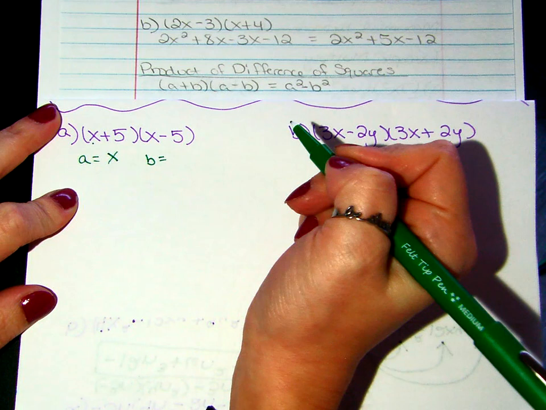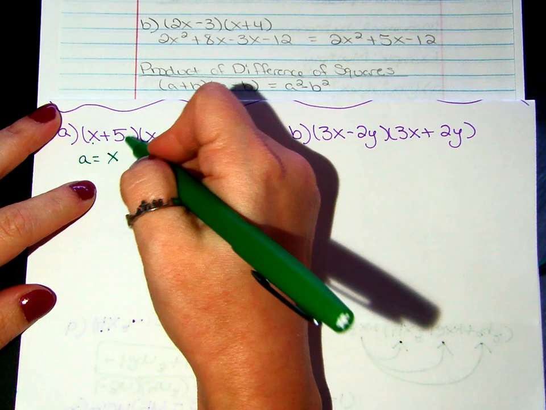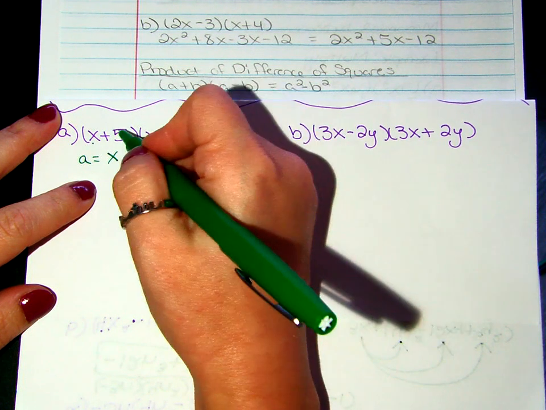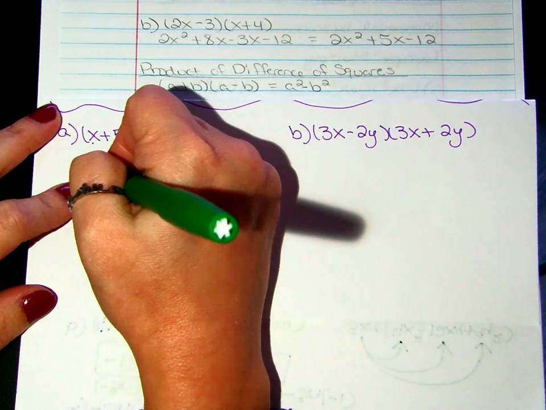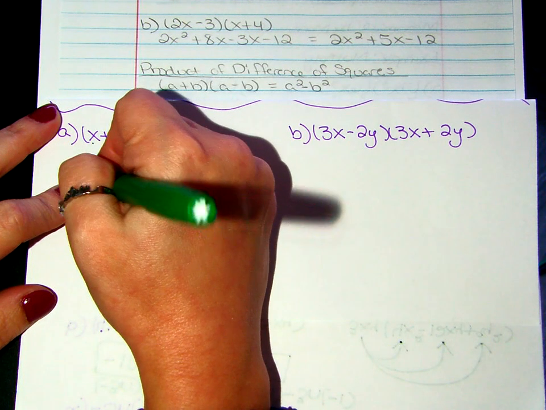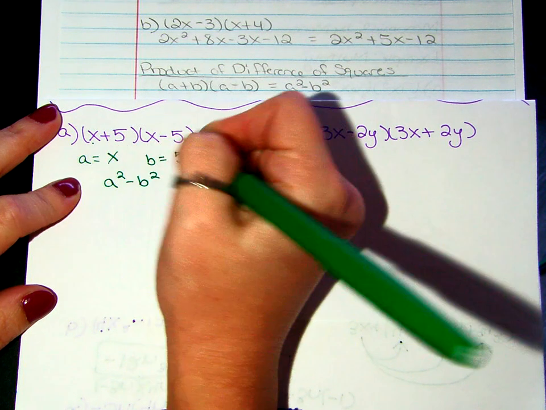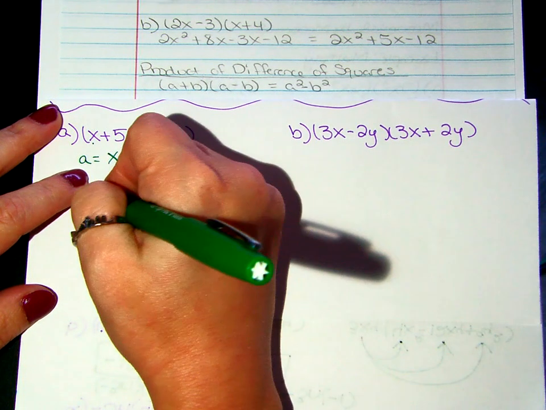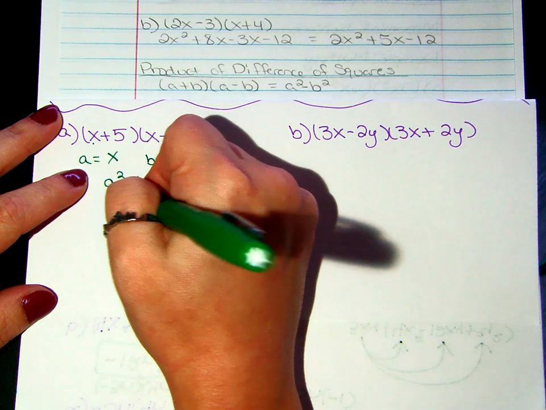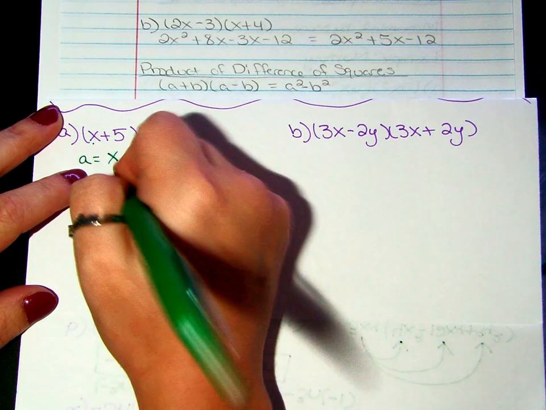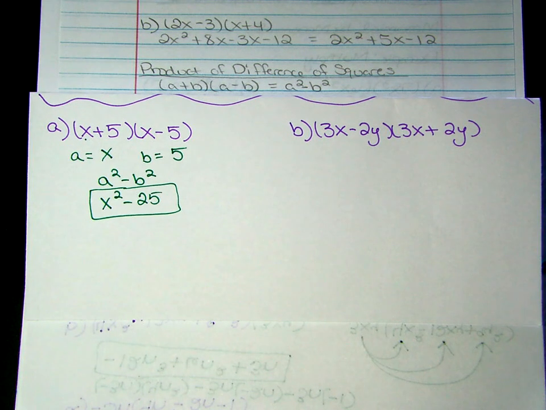And your B term is whatever your second term is in your parentheses, and in this case it's 5. So difference of squares is a squared minus b squared. So that's x squared minus 5 squared, which is 5 times 5, which is 25. So you can totally approach every difference of squares like this. You identify your A, you identify your B, and basically you plug that into the a squared minus b squared.